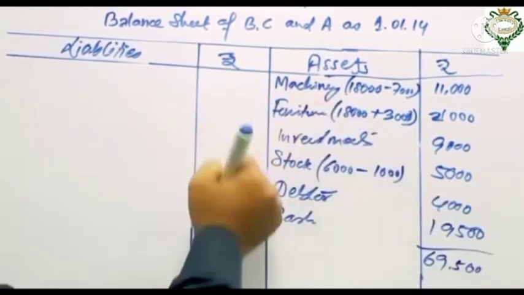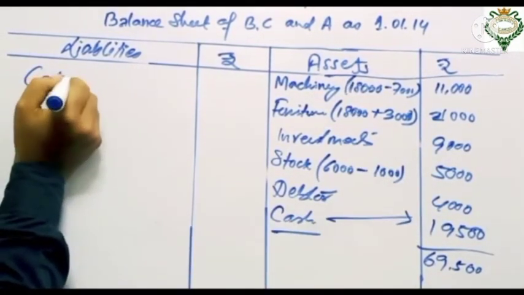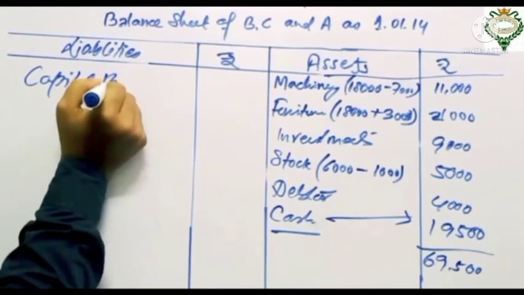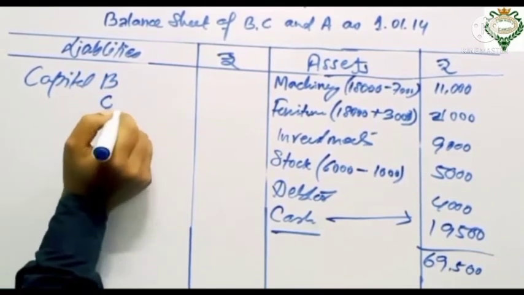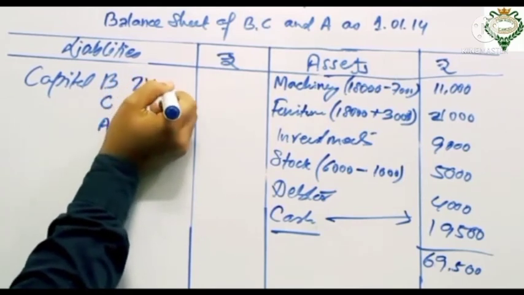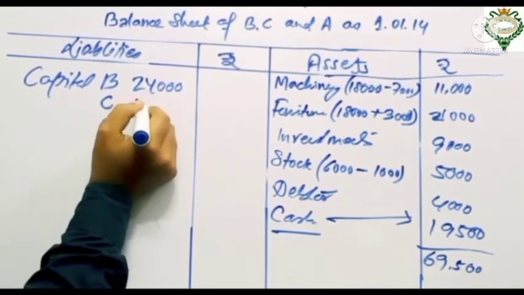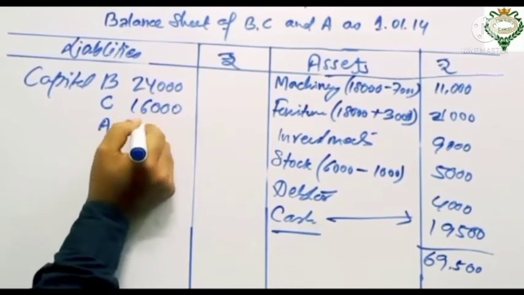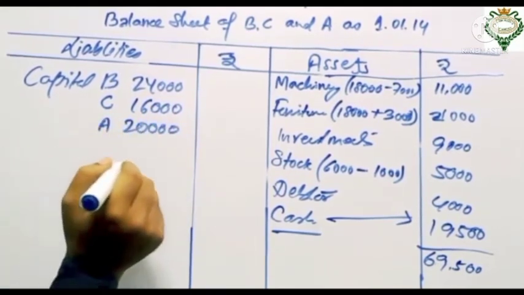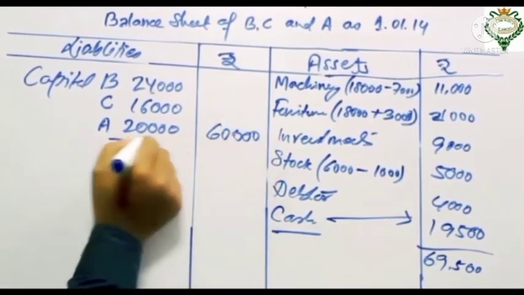Now 69,500. Okay, now come to the capital side, that is liabilities. B, C, A. B's capital is 24,000, that is balance c/d, and C's 16,000, and A will bring 20,000, that is 60,000 as a total.